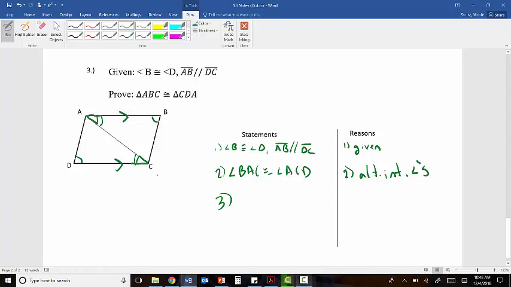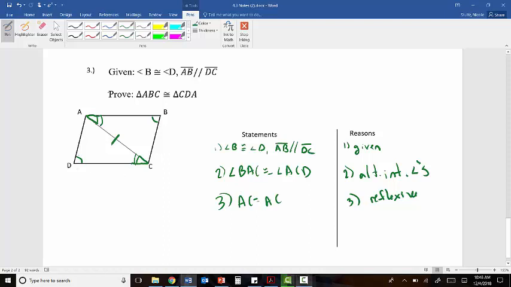You want to go ahead and get the side that's in the middle. We did that last time. So AC equals itself, and that was the reflexive property. And now what I like to do is I don't need my parallel marks anymore. I like to erase those. And I'm going to put my tick mark on AC, like I said. And now I'm going to decide which theorem is it.